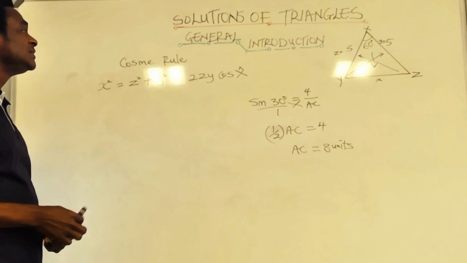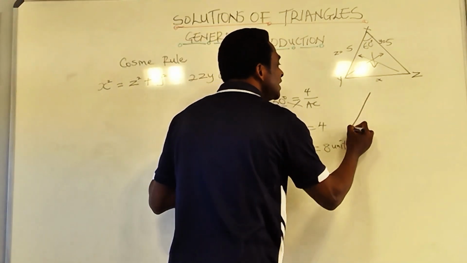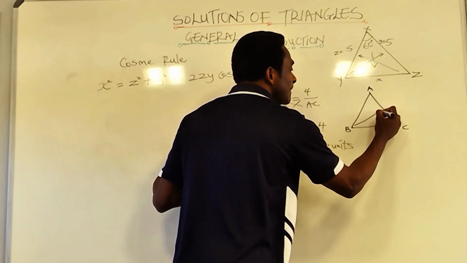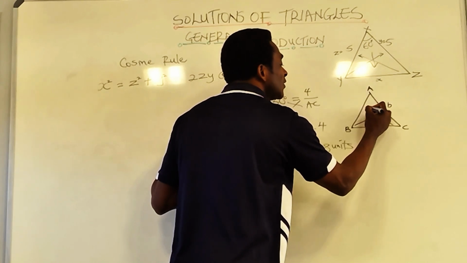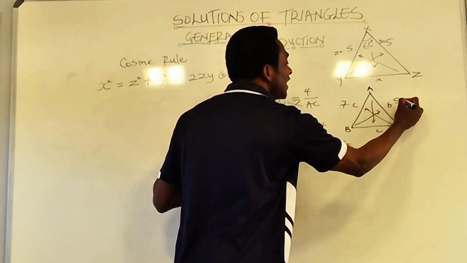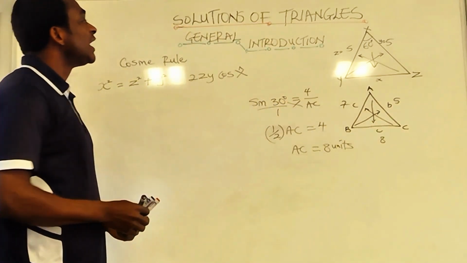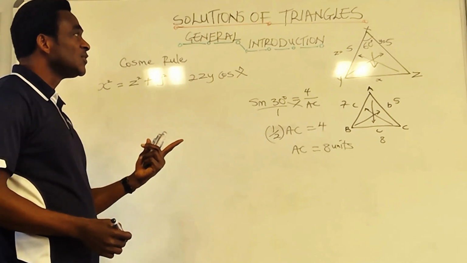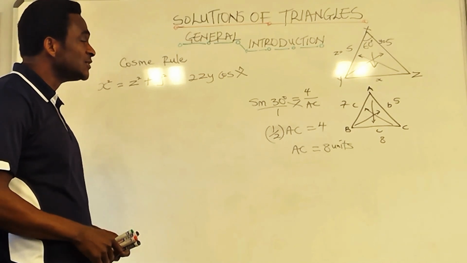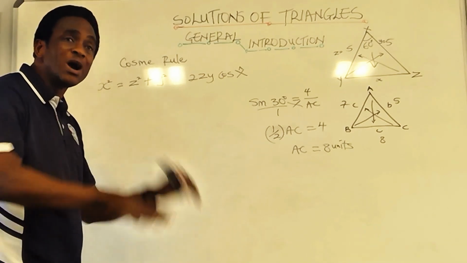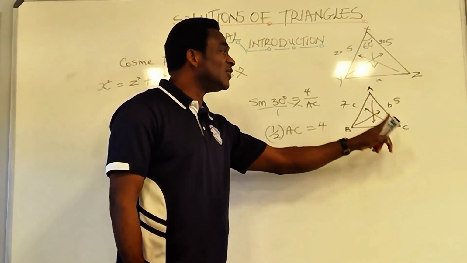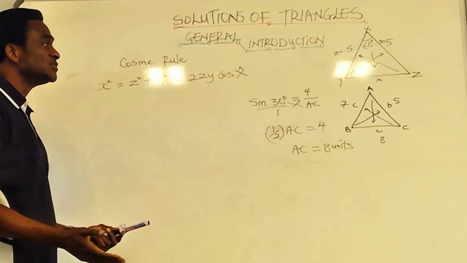Another condition that can make us use the cosine rule is when the three lengths are given. If we have three lengths given, let's say 7, 5, and 8, we can use the cosine rule to work. No angle is given, but if we want to determine the value of any of the angles, we can also use the cosine rule.